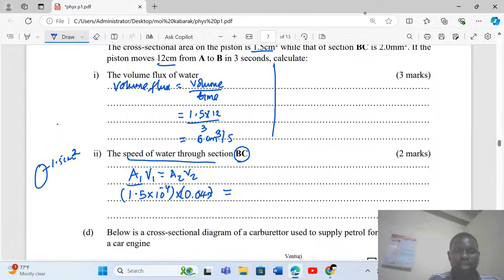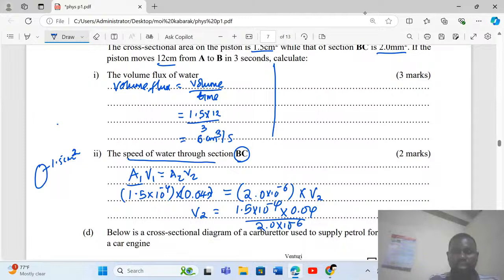This is equal to area 2, which is 2.0 square millimeters. This one is the same as 2.0 times 10 raised to power negative 6, converted into square meters. Then now we are in search of velocity 2. Then V2 will be the same as 1.5 times 10 raised to power negative 4 times 0.04 divided by 2.0 times 10 raised to power negative 6.